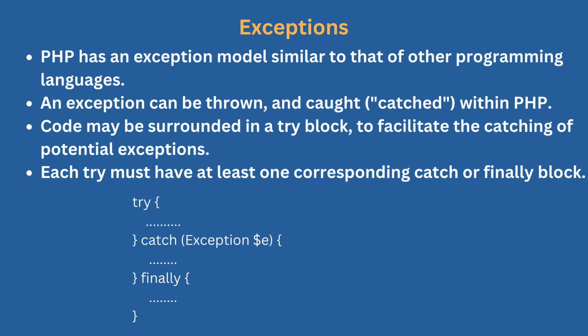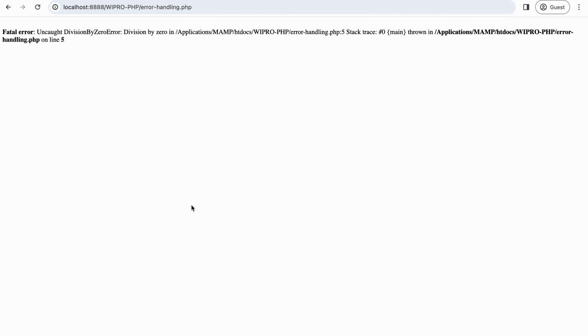So here, if you see, PHP has an exception model, similar to other programming languages. An exception can be thrown and caught. I'm trying to do something, and you got what error? Division by 0 error.